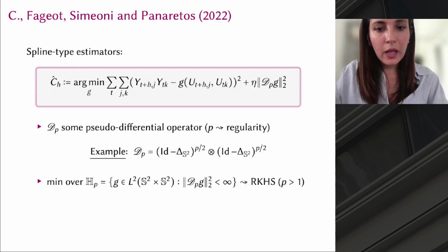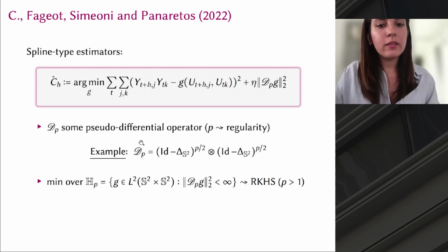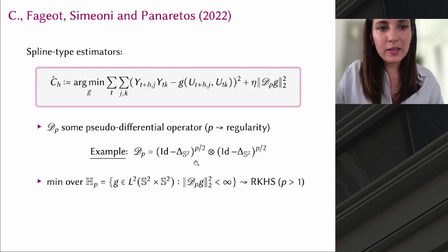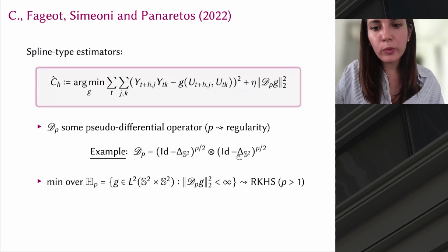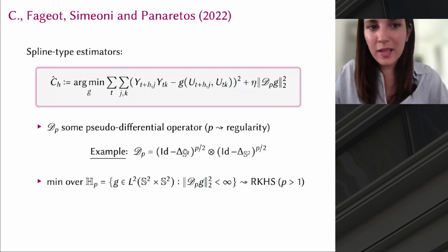For instance, this operator D_P can be the so-called Sobolev pseudo-differential operator. Indeed, this is the identity operator. This is the Laplace-Beltrami operator on the sphere, and we take the tensor of these two objects. Think about this Laplace-Beltrami operator on the sphere as a second derivative.